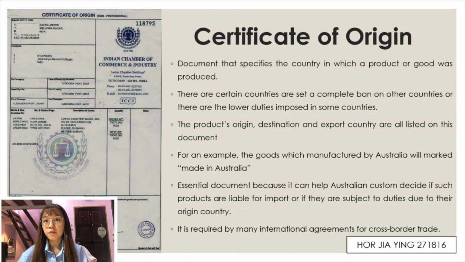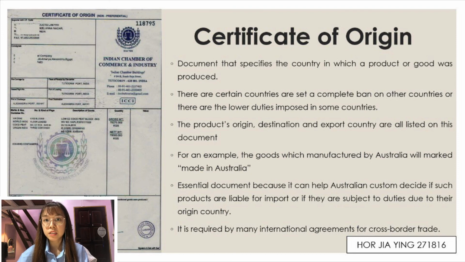Next is the certificate of origin, which is an important document that needs to be prepared if you want to export goods to Australia. This document specifies the country in which a product or goods were produced. There are certain countries that set a complete ban on other countries, or there is a lower duty imposed in some countries. The product origin, destination, and export country are all listed on this document.